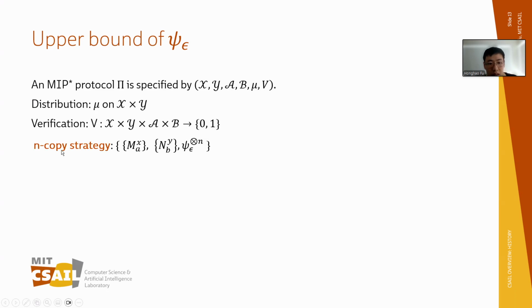We define an n-copy strategy to be a quantum strategy that uses n of the depolarized EPR pairs. And we define omega_n, for protocol pi and the shared state psi_epsilon, to be the maximum winning probability you can get over all the possible n-copy strategies.